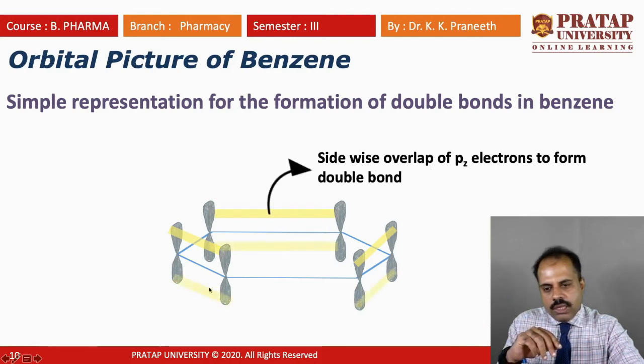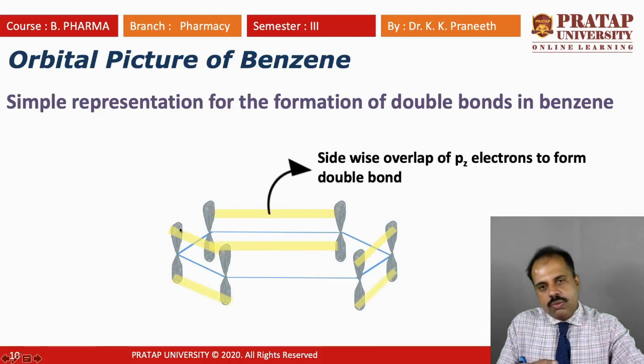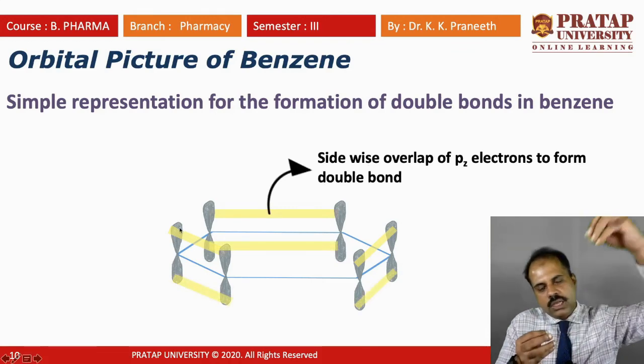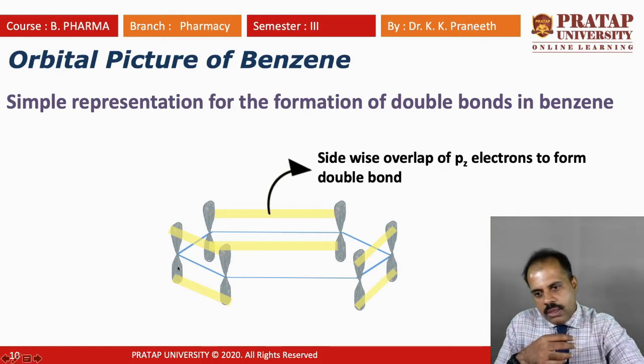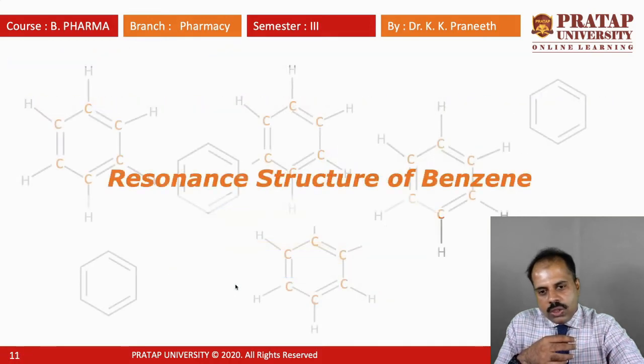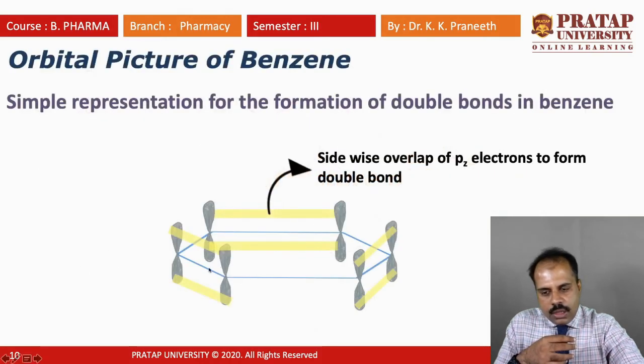In a similar fashion, electrons can also move. I told you an electron is a moving charged particle, so it can be present here also, and this one electron can interact with the one electron here, right? This one electron can move, so it can also interact here, and it also forms the 3 pi bonds.